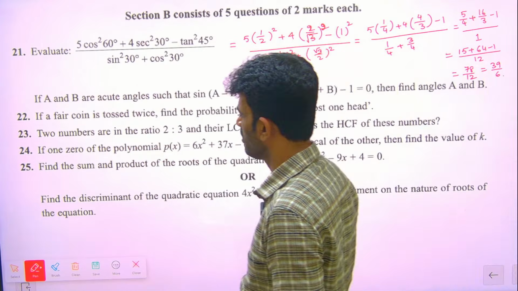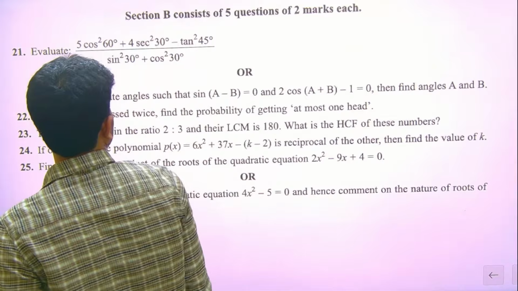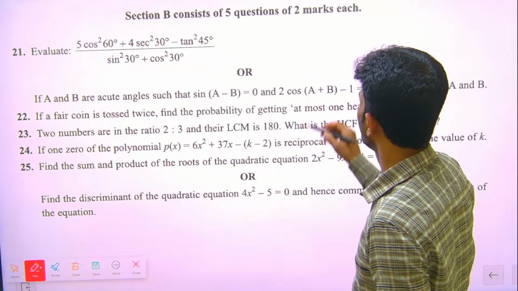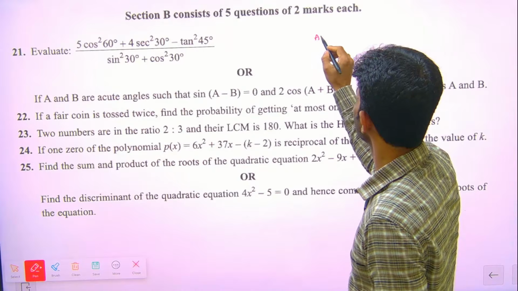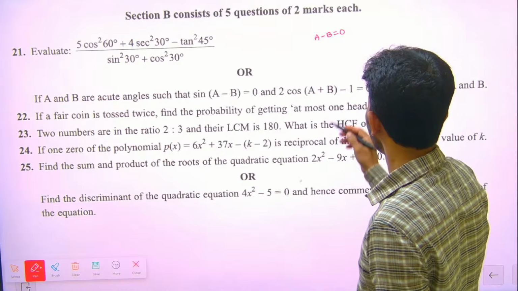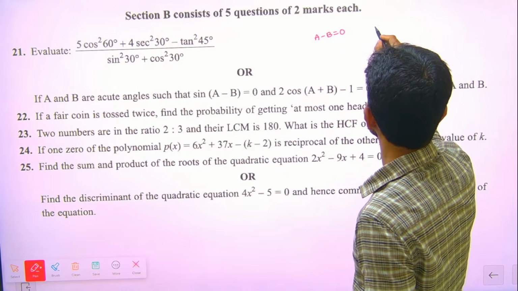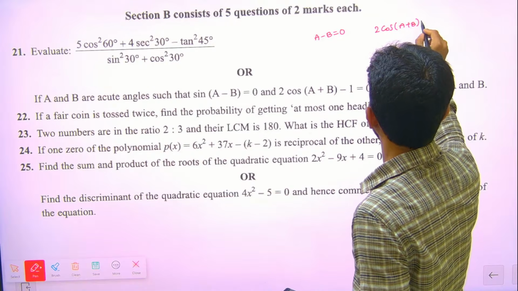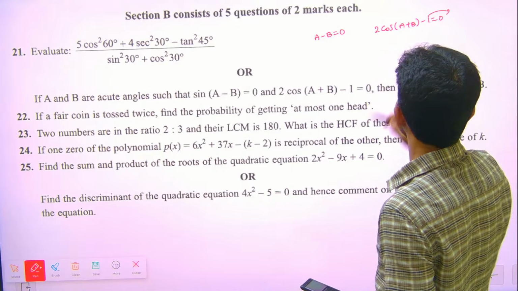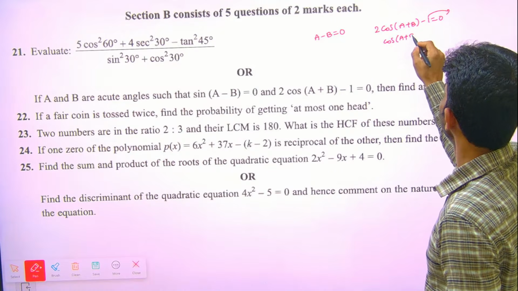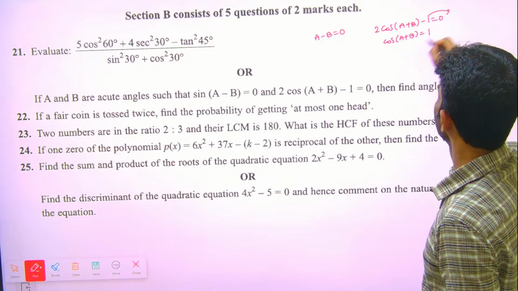And in question number 21, the internal choice is easy. Sin of a minus b is equal to 0 means a minus b is also 0. Cos of a plus b, you have like this: 2 cos of a plus b minus 1 is equal to 0. Transpose minus 1 here first. Cos of a plus b is equal to 1 by 2 after transposing 2 also to that side.